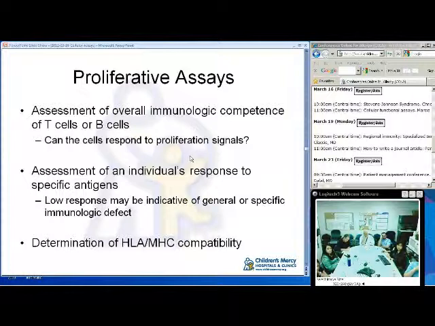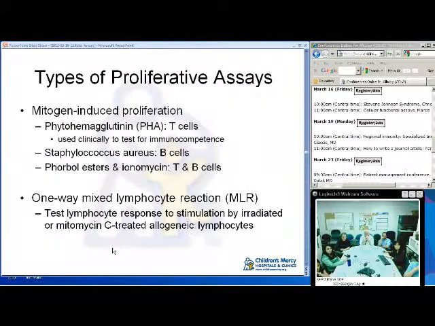For instance, can the cells respond to a proliferation signal? Or if you wanted to look at an assessment of an individual's response to specific antigens, a low response may be indicative of a general or specific immunologic defect, or you can also look for HLA or MHC compatibility with a proliferative assay.